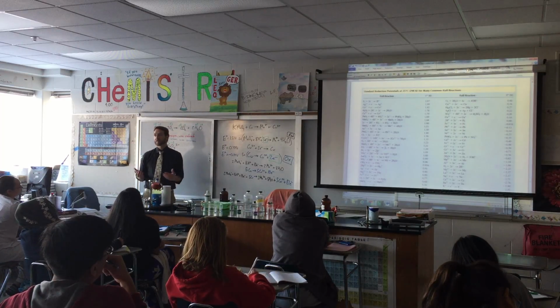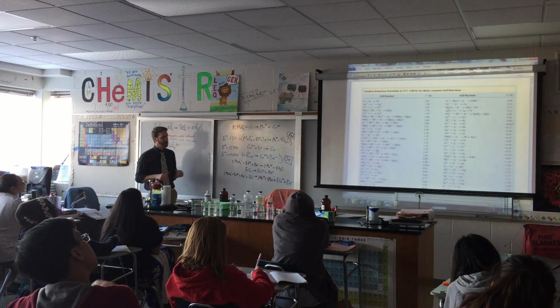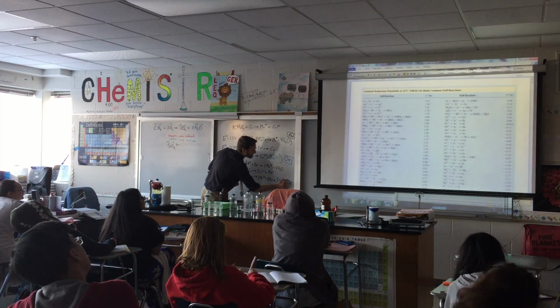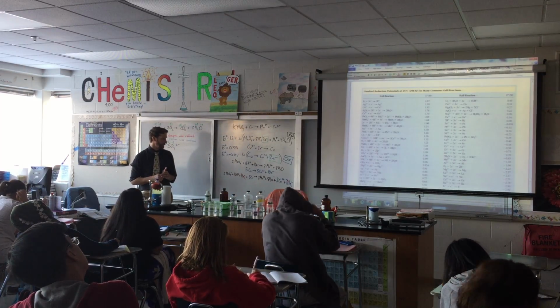Just like what we talked about with spectator ions, if something's present in both forms on both sides of the reaction, we cross it out. So because we have 10 electrons here and 10 electrons here, we cancel them out, and this is our balanced equation.